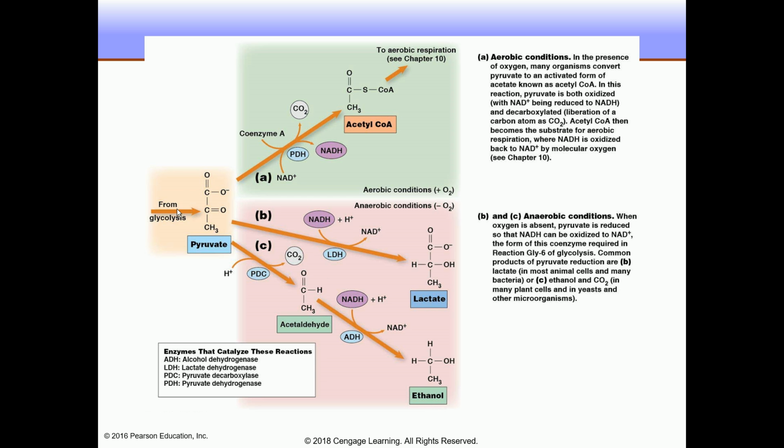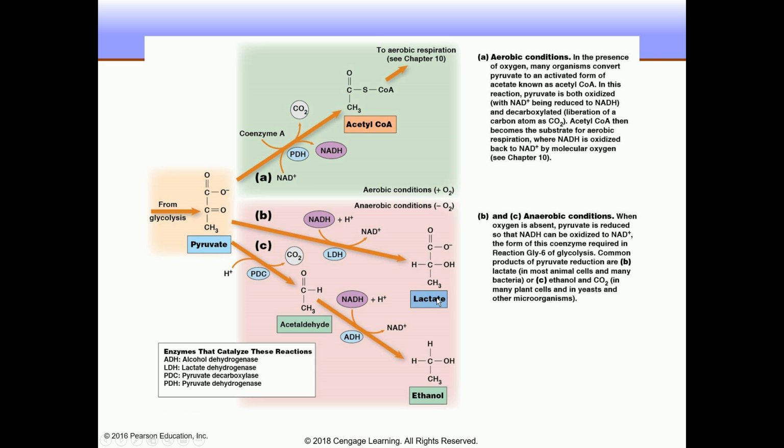This NADH produced in glycolysis needs to be regenerated back to NAD plus, because otherwise the process of glycolysis will stop. So it's very important for NADH to get converted back to NAD plus. When NAD plus gets converted into NADH, it is reduced. So this NADH needs to give back its electrons. This NADH gives back its electrons to pyruvate, and this pyruvate gets converted into lactate.